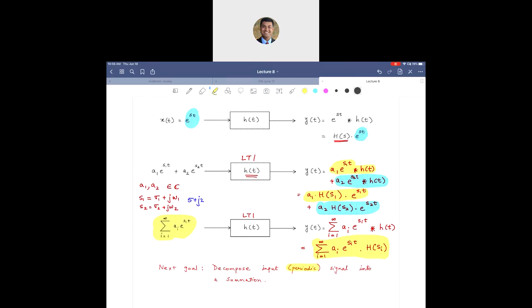If I can decompose any periodic input and express it as a summation similar to this, then I already know its output, right? Because I know the output for LTI systems. So that's my next goal. Can we decompose a periodic input signal into a summation like this? Let's do that.